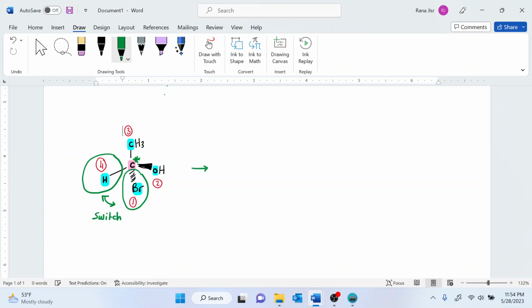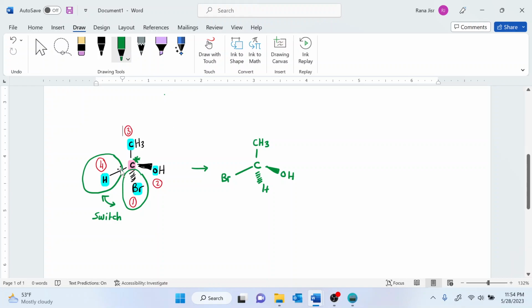So here, draw your molecule, and it's going to be a CH3 and OH. Now here you're going to end up having your hydrogen behind, and here you're going to end up having your bromine in there.